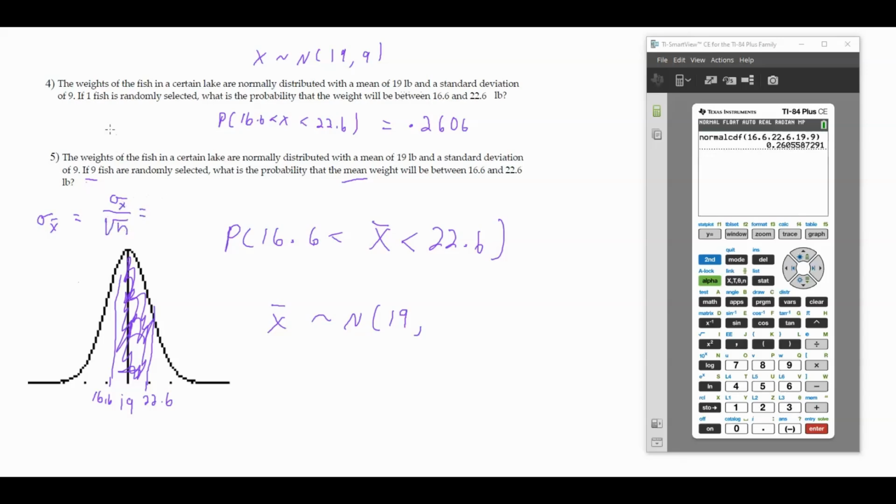Well, the standard deviation of the population is 9 right here. It's given right here too, right? It's the same distribution, but here we're looking at a mean, not a single value, over the square root of the sample size, which also happens to be 9. That's coincidental. Well, square root of 9 is 3. So 9 over square root of 9 happens to be 3.